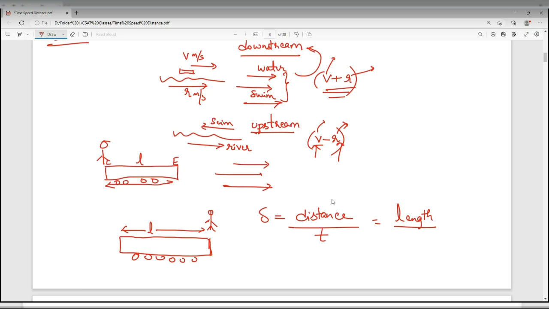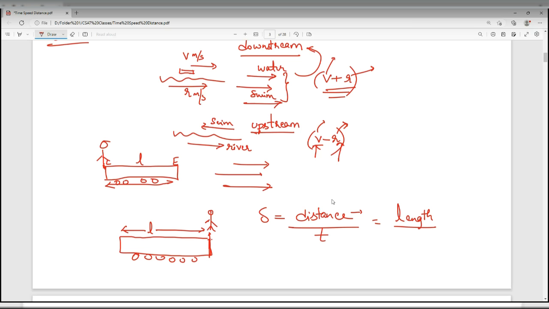This is when we say that the train has completely passed: the engine reaches the person and then the last bogie crosses the person. So that whole length is L. The distance traveled by the train would be L. When we are doing the questions, we will understand this concept clearly.